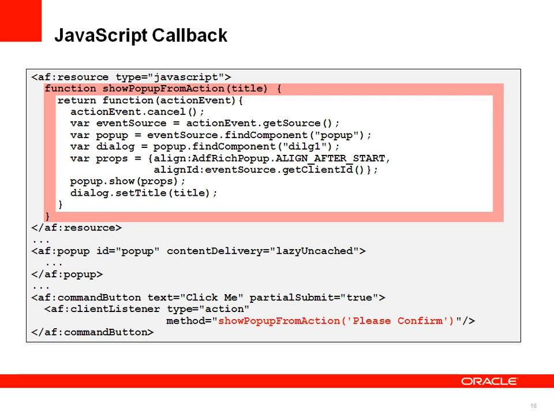You see in this JavaScript code that I still make some assumptions about the component ID, so I hard-coded this to popup, and the dialog ID, I hard-coded this to dlg1. Now I can replace this as well with an argument. So instead of defining show popup from action title, I can do show popup from action title, comma, popup ID, comma, dialog ID.